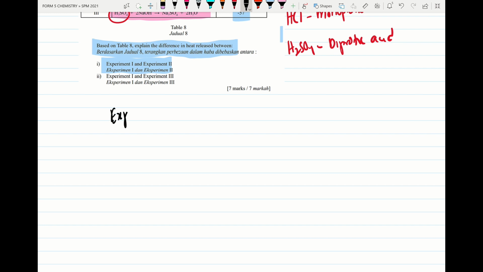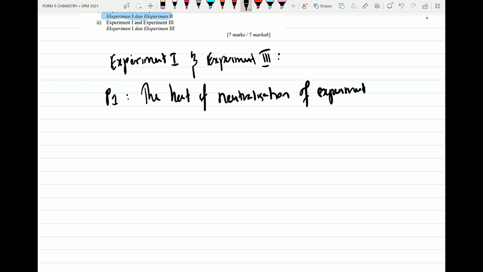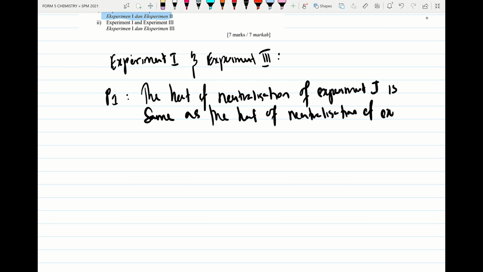So I do experiment 1 and experiment 3. Point 1: the heat of neutralization of experiment 1 is the same as the heat of neutralization of experiment 3.